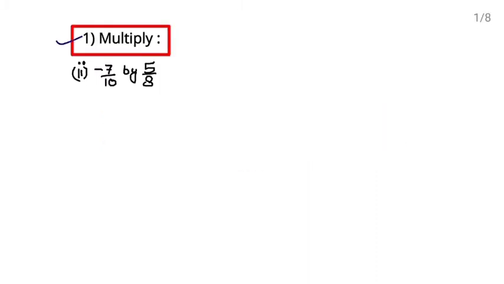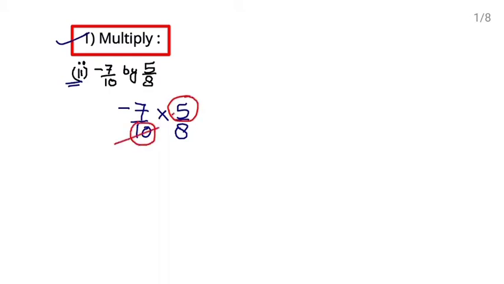The first question is multiply. The second part: you want to multiply minus 7 upon 10 by 5 upon 8. Now you will check whether the numerator or denominator are divisible by any same number. Yes, this numerator and this denominator both are divisible by 5.